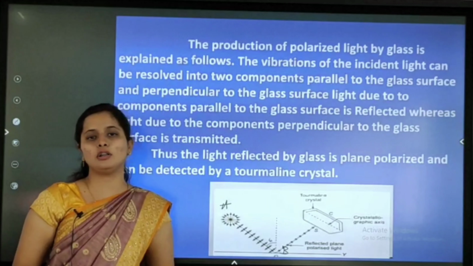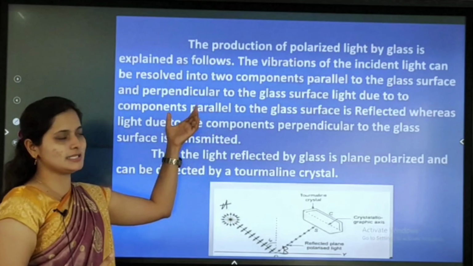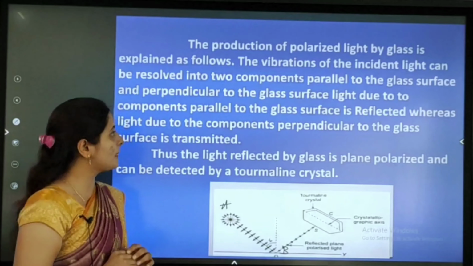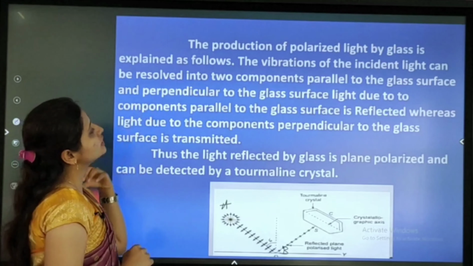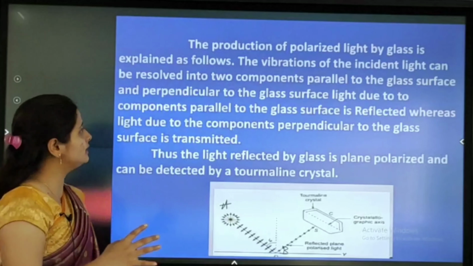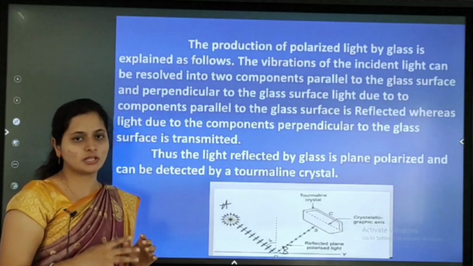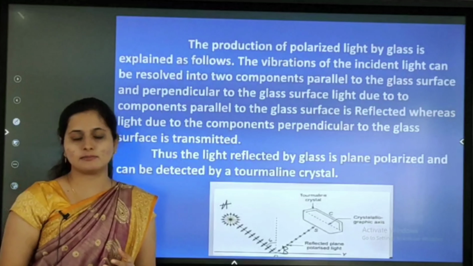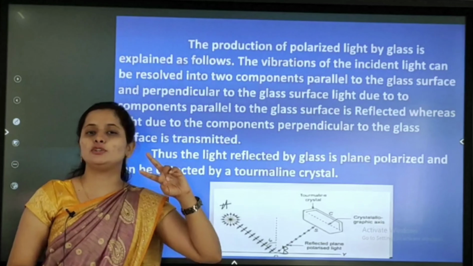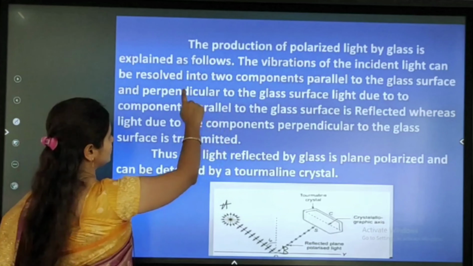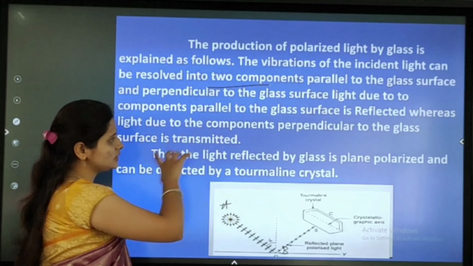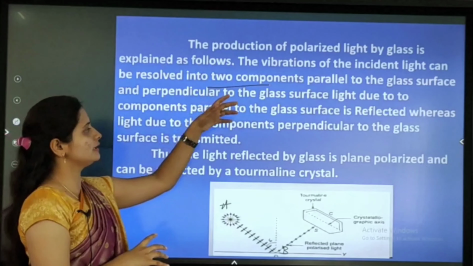How do we get them? We can see by this explanation. The vibrations of the incident light can be resolved into two components.